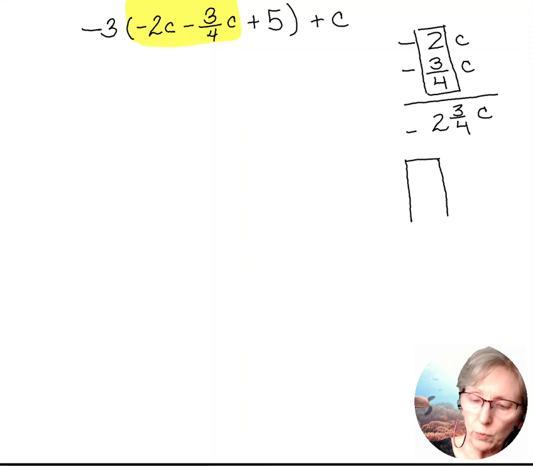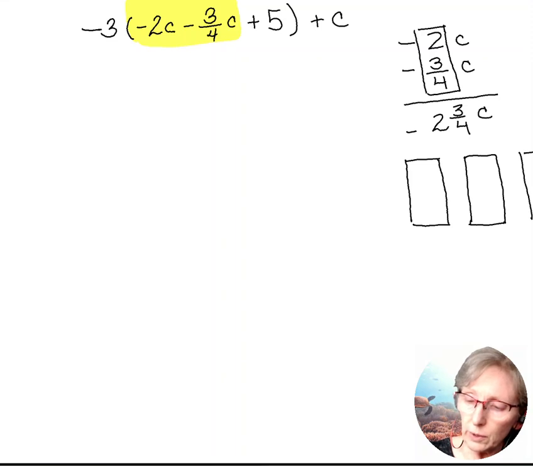So here's one whole, here's another whole, and here's a third whole that we're going to get those 3/4 out of. So let me divide them each up into quarters.